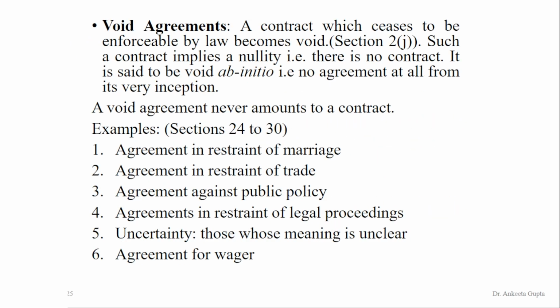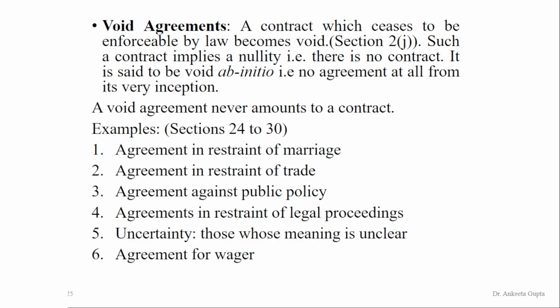So void agreements are the agreements that cease to be enforceable by law. They are void ab initio. That means there was no agreement right from the inception, and that there is a complete nullity with respect to that agreement.